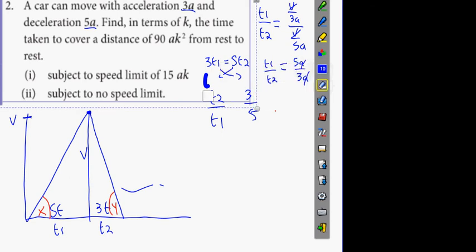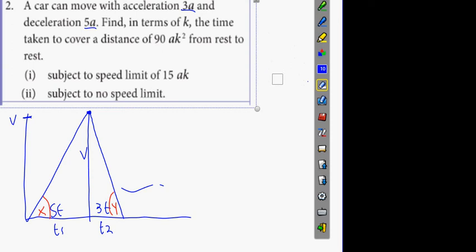So I'll explain my steps here. The first thing that comes to my mind is using the area formula, area A and area B. With area A, it's a half base times height.